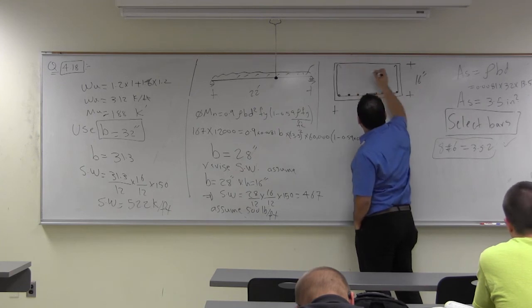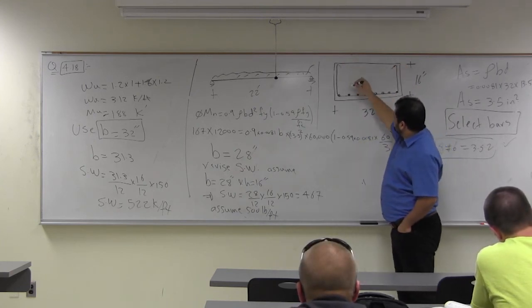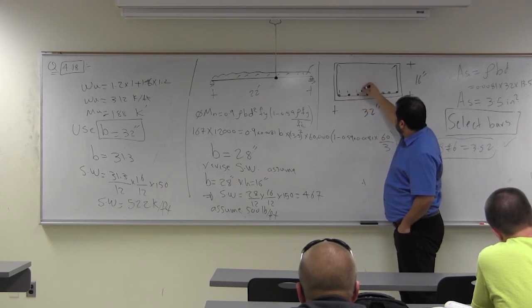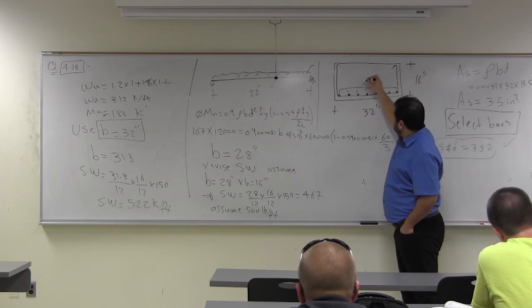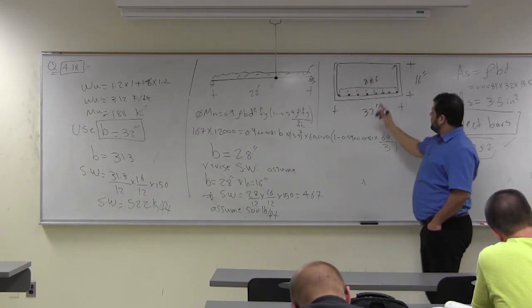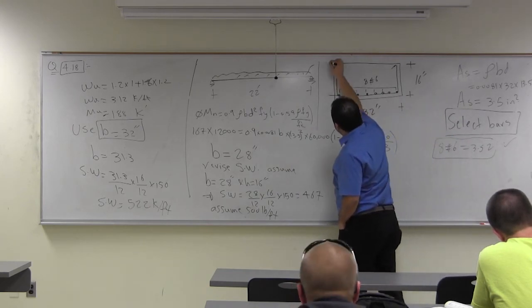When we do stirrup design, we'll design this. So those are number 6. Now you can, as you said, look, what's D to the center of the bar, not the stirrup.